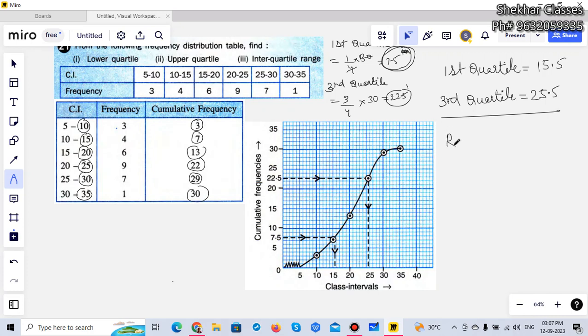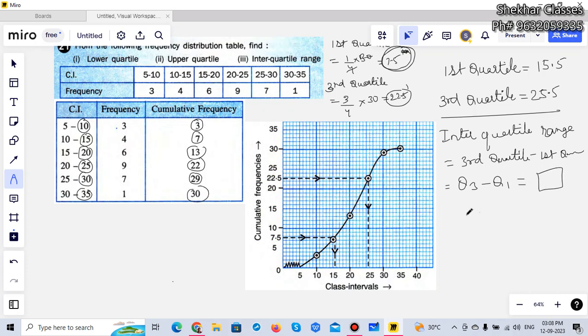So what is the range? The interquartile range is the third quartile, or we name it Q3 also, minus the first quartile. So we write Q3 minus Q1. So what is Q3?